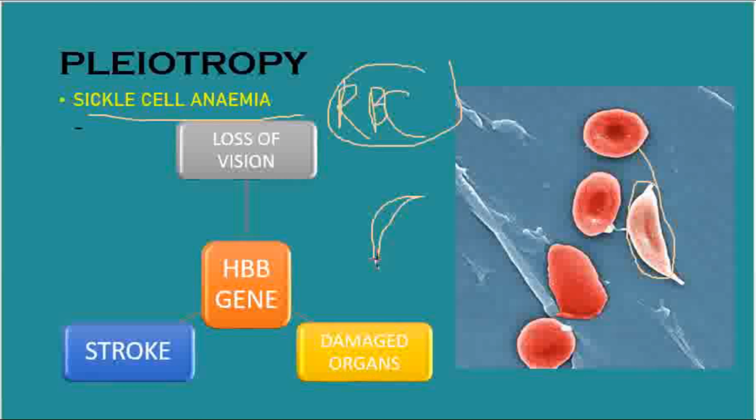So what is the gene which is getting affected in this disease? It is the HBB gene. So there we saw a different gene name. That is also a pleiotropic gene, like in the case of phenylketonuria. This HBB gene is responsible for production of the beta globin hemoglobin subunit. Here in hemoglobin, you have an alpha subunit, a beta subunit, and also the heme group, which is responsible for carrying oxygen throughout our body.